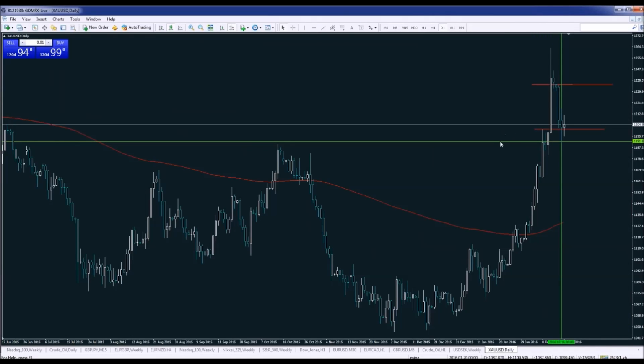Now on a daily chart, you can see that the level we drew here on the take profit area is at 1190. If you see here, there are a lot of resistance and support areas, and the nearest is coming here, as you can see.